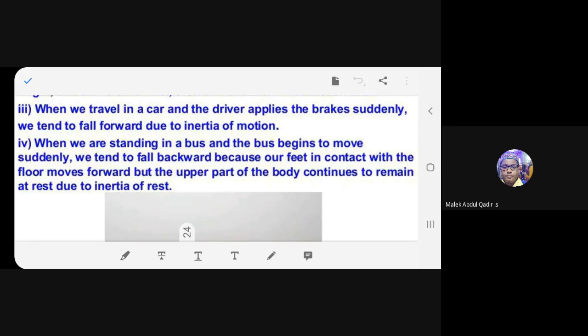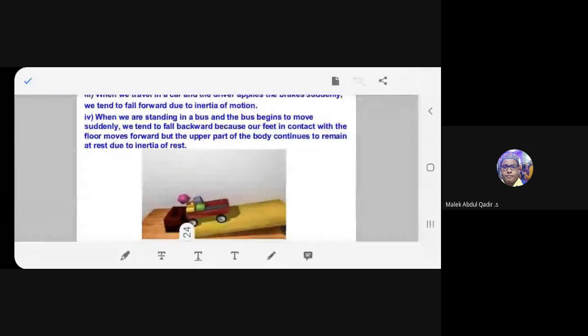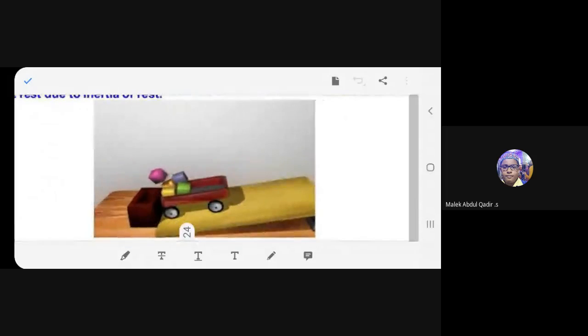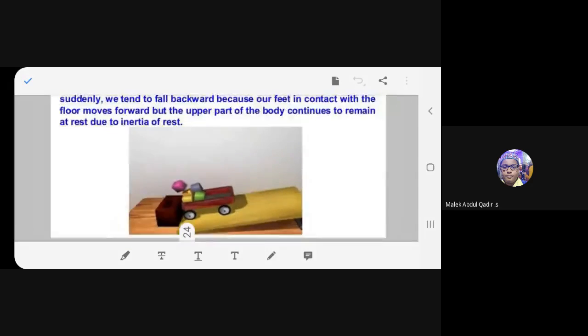Our feet in the bus are in motion, but the upper part of the body is at rest. So we fall backward. You got my point? When the bus starts, when we are standing. Okay? Any problem, beta?